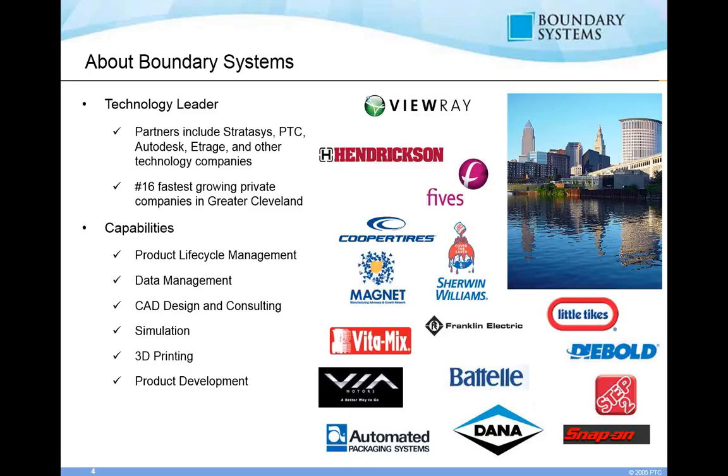Some of our basic capabilities: product lifecycle management, data management, CAD design and consulting, simulation, 3D printers, and product development. What you see on the right side of the overhead is just some of the companies that we work with. This isn't all-encompassing, but just a few of the companies that we actually work with.